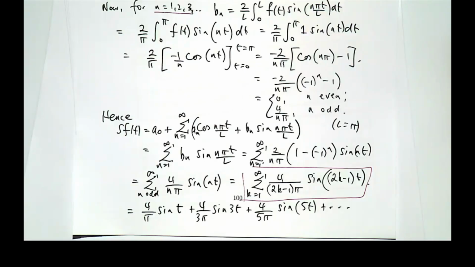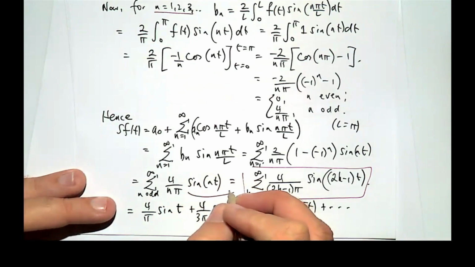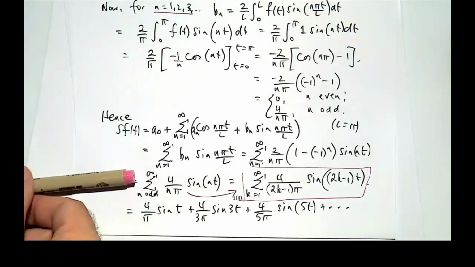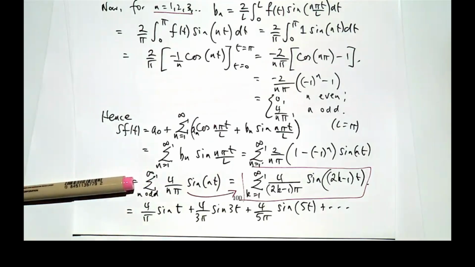Questions? So, who can explain what I've done from here to here? In this step, who can explain? The last time I taught this course was a long time ago, but I still remember that students get triggered by this.